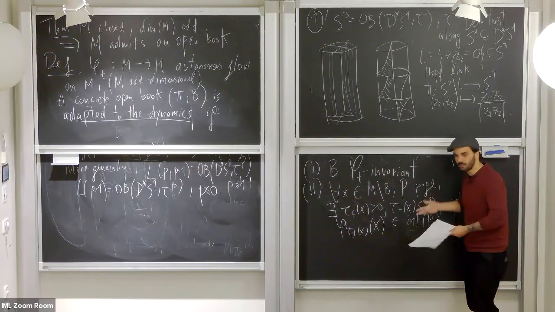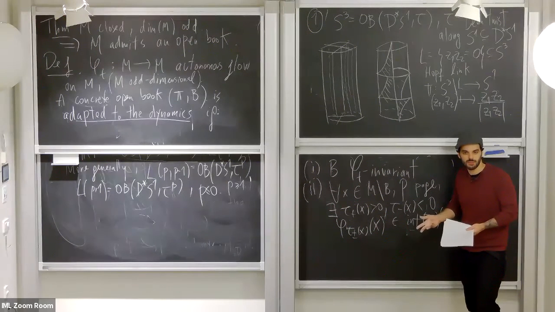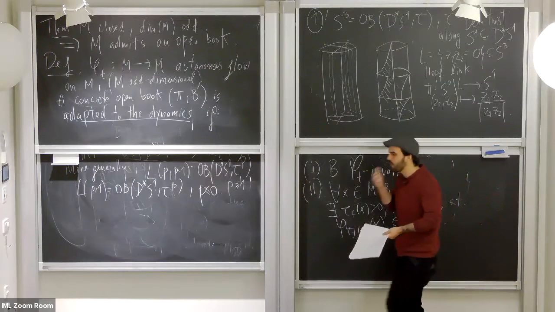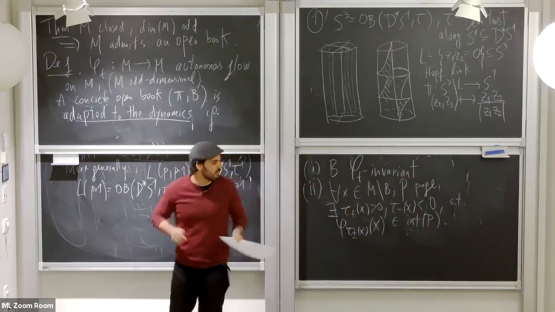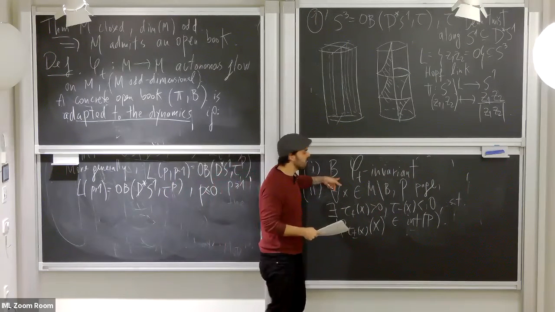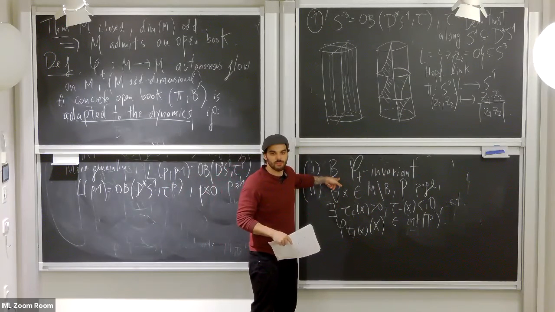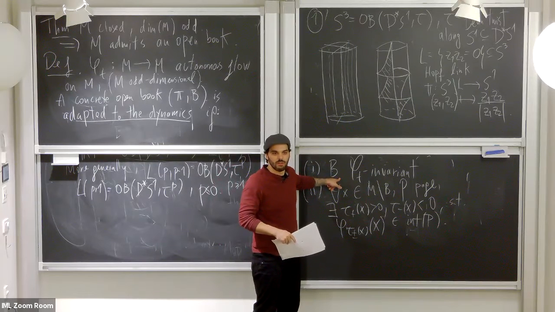This should be familiar by now, because it is very similar to the definition of a global surface of section, and it's basically a high-dimensional version of it. For a global surface of section, I just asked that the boundary is a bunch of orbits, and in dimension 1, that's basically the same thing as being invariant under the flow.